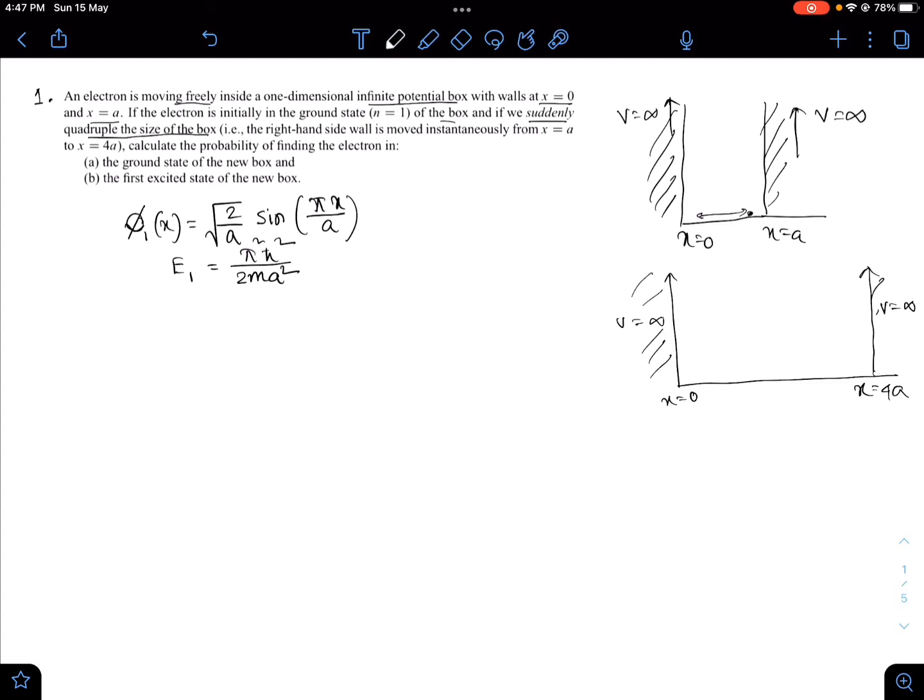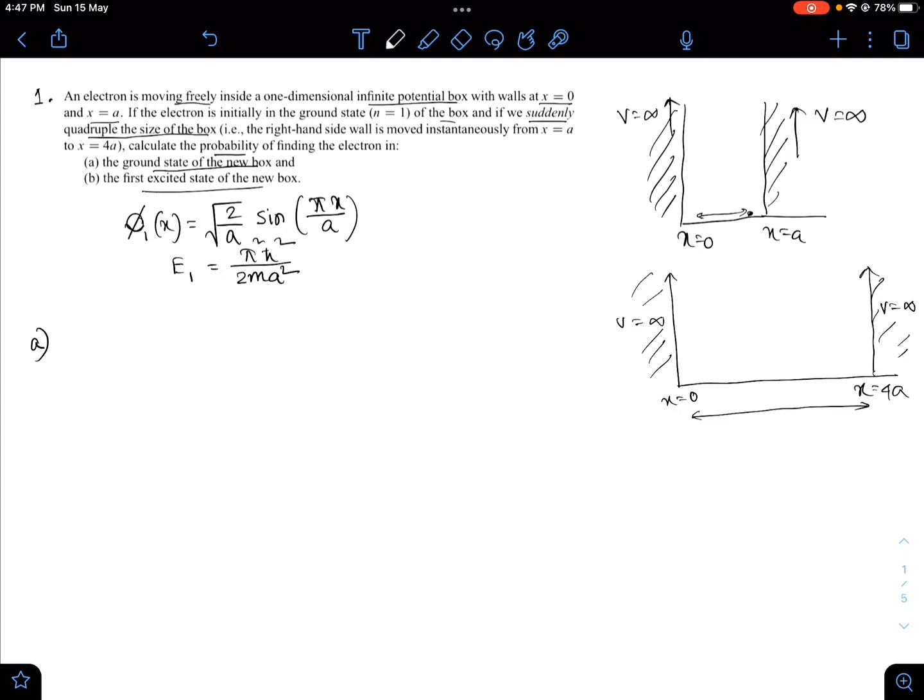Now the electron is able to move in this region from x equal to 0 to x equal to 4a. So we have to calculate the probability of finding the electron in the ground state of the new box and in the first excited state of the new box.